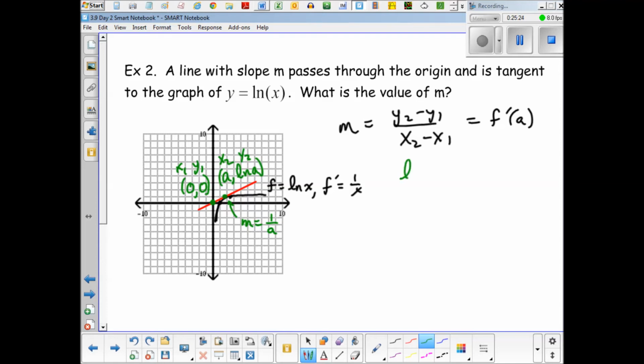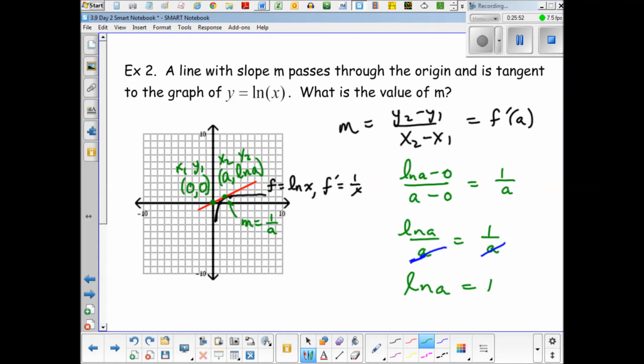If I plug in y2 minus y1 over x2 minus x1 and set this equal to the derivative at a, I end up with the following statement: ln of a over a equals 1 over a. These cancel out, and I'm left with the statement ln of a equals 1.